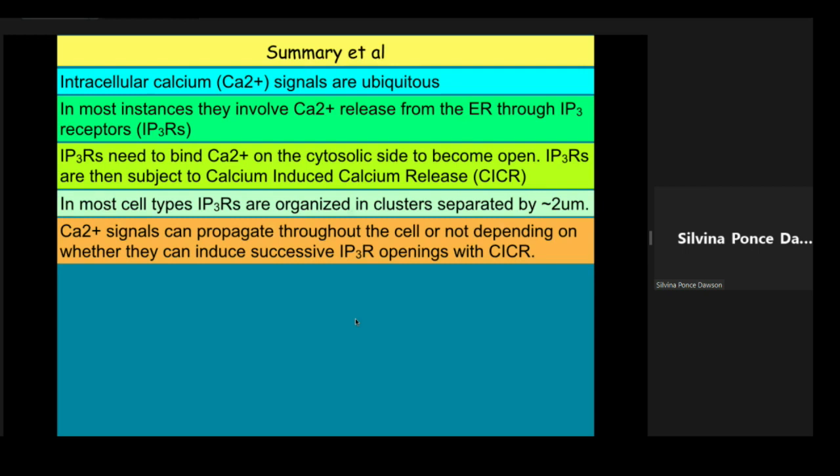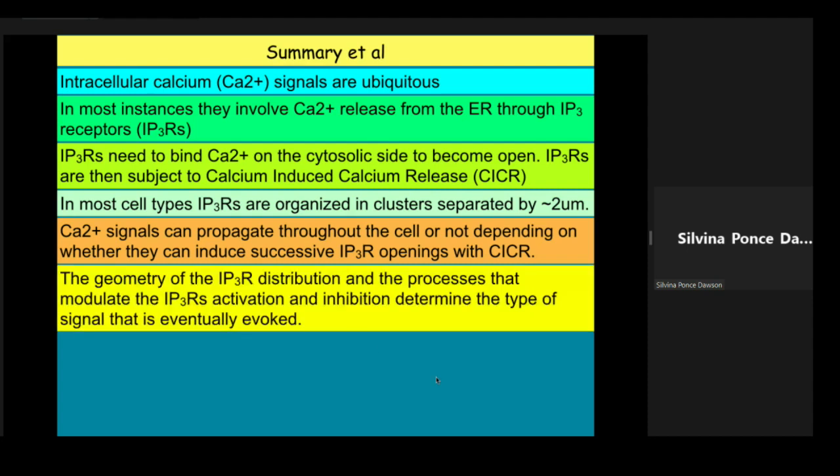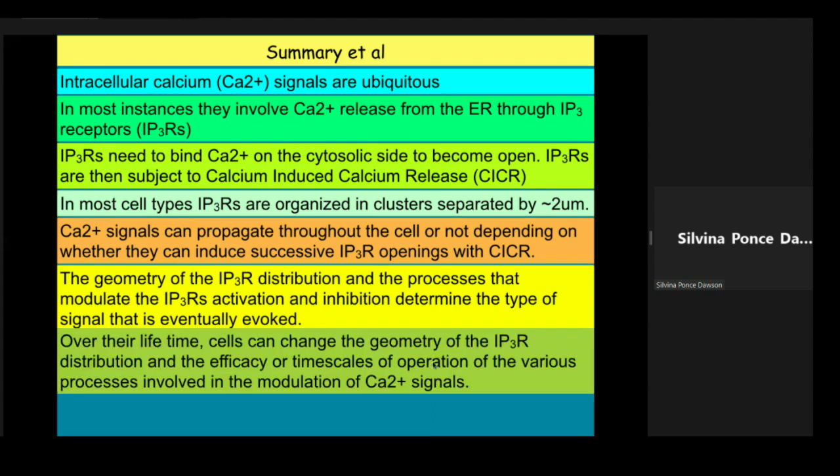And so the signals can propagate throughout the cell or not, depending on whether enough calcium arrives at these other clusters to induce the release from those channels. And so this geometry, that is how it is distributed in space, is important for whether the wave is going to propagate or not.